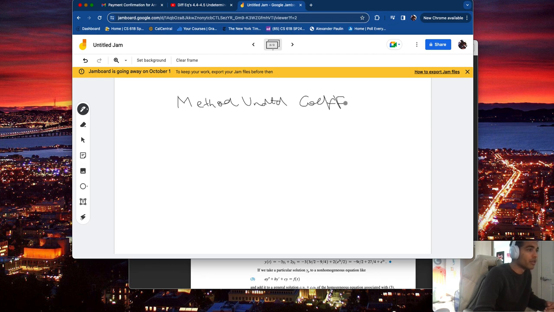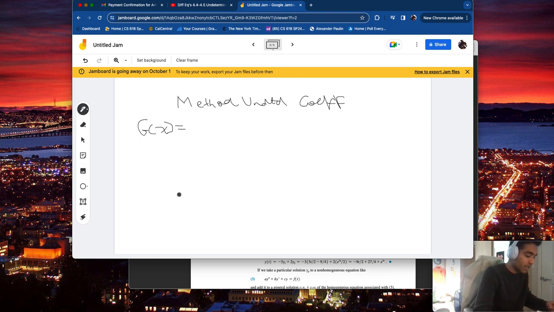Sorry for my handwriting. So basically, based on the g of x, the way you want to approach it is first you solve the homogeneous case, then second you make a guess based on how the g of x looks. There are only going to be three scenarios, so just remember this.